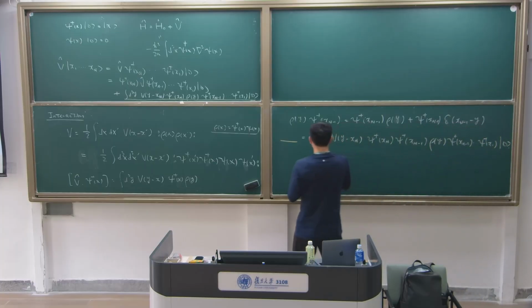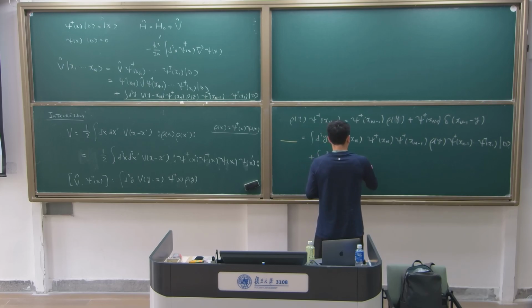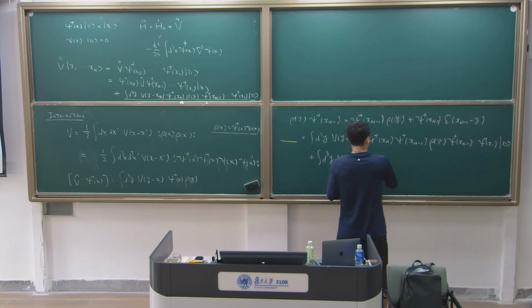In addition to that, we have this term, delta of y minus xn, and then psi dagger xn.